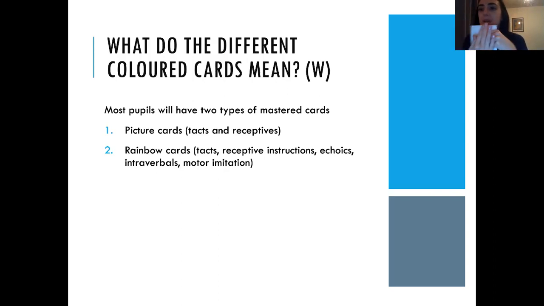This isn't an actual ITT card, but you will check on the back of the card and it will indicate for you with little stickers whether it is mastered as a tact or a receptive. We'll go through the colors of what those stickers will be in one of the next slides. It's also really important that we write pupil names on the mastered cards in case they go missing, and then we'll know which pupil they're mastered skills for.